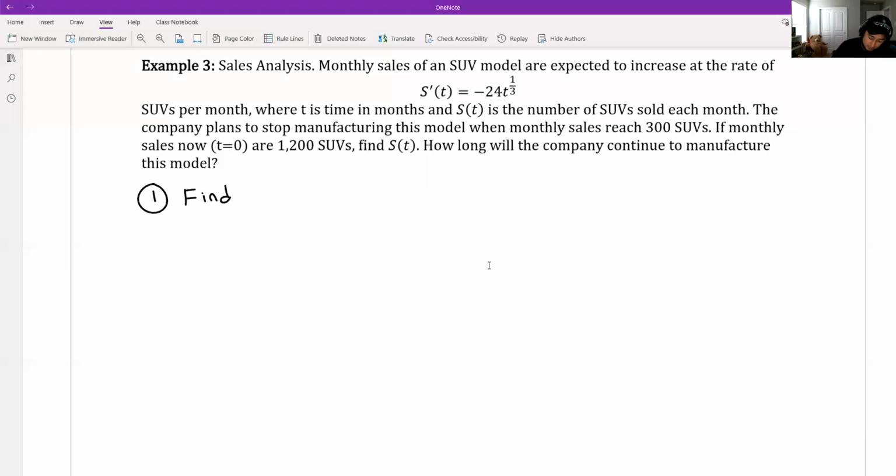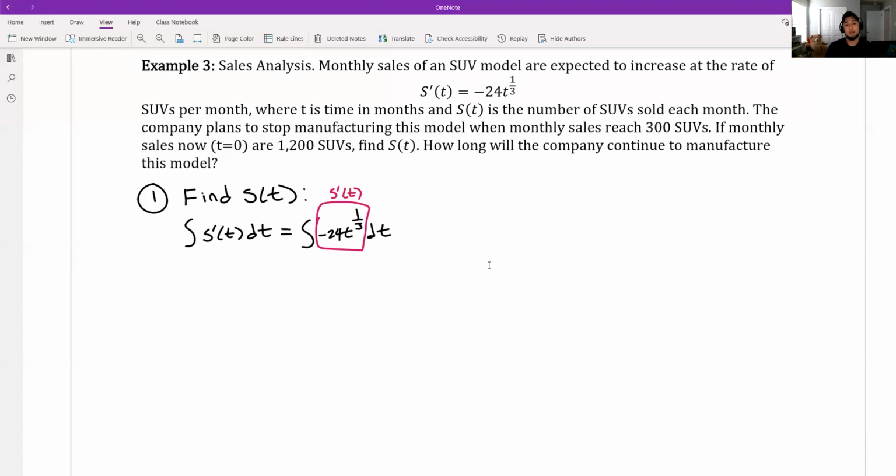That means we're going to set up the integral for S prime of t with respect to t. And S prime of t is given above, negative 24 t to the 1/3. So let's plug that in. We'll get the antiderivative, or the integral, of negative 24 t to the 1/3 dt. So this part is S prime of t.